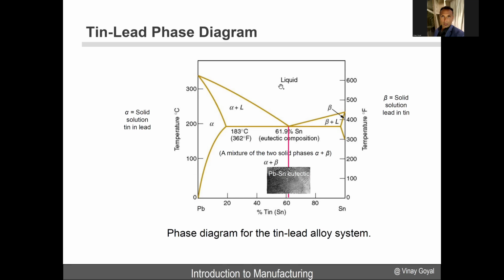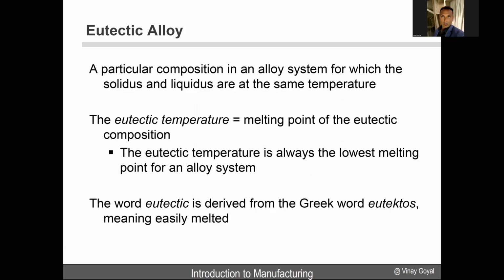There is something called the eutectic composition, which occurs at 61.9% tin, where you go from solid to liquid suddenly above this temperature of 183 centigrade. But elsewhere, you can get other phases occurring. I covered this before, but it's good to review.